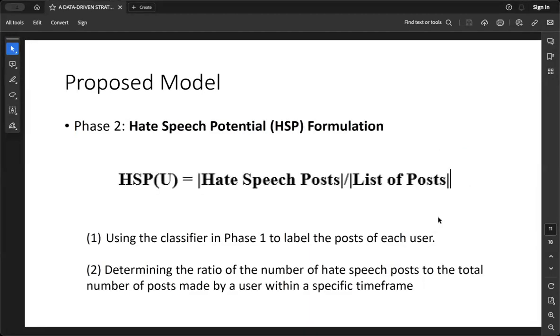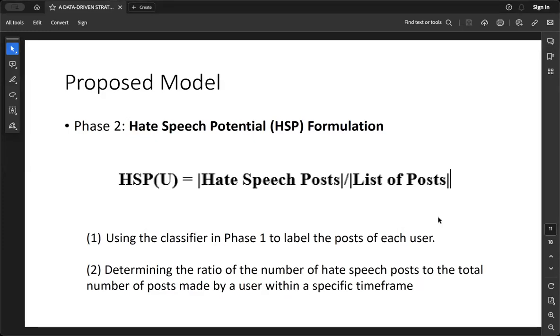So phase two focused on the results obtained from phase one to come up with something called the hate speech potential of each user. So for a user U, the HSP value of that particular user is given by this formula, where it is the number of hate speech posts that the person has made divided by the total number of posts that the person has made.